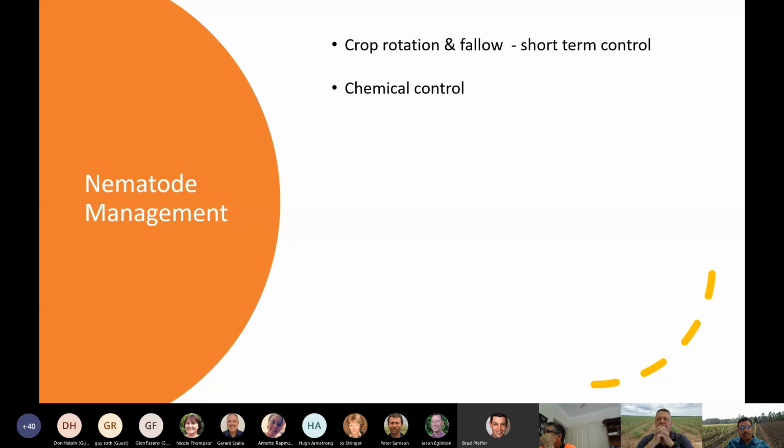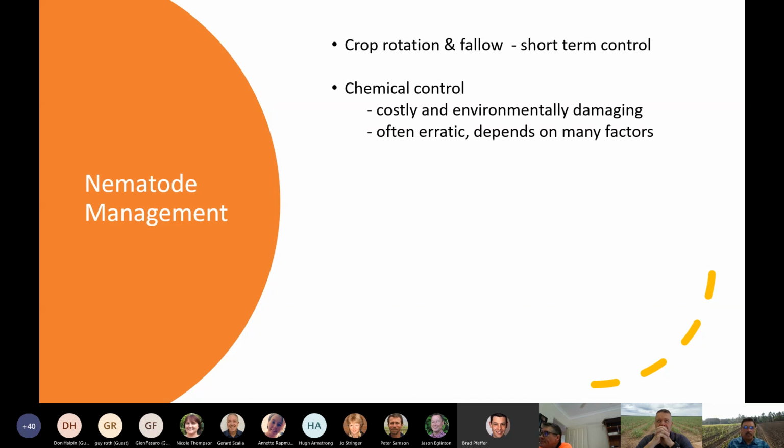Chemical control, yes, there is only one chemical registered in Australia for this pest. But the problem is chemical control is expensive, and this is not environmentally that safe. I think the main problem with chemical, if you work with nematode, is that you will find they are very erratic.